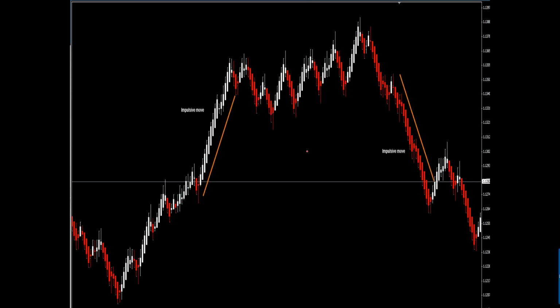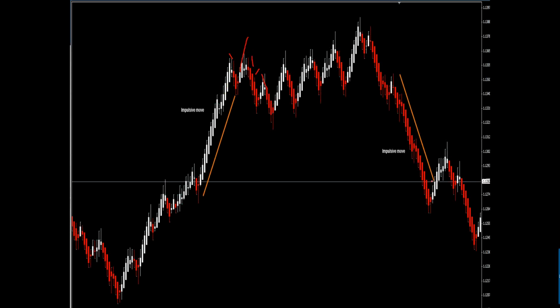Contrary to standard Japanese candlesticks, especially for traders who are pretty new to trading, this is much easier to spot by using Heikin-Ashi combinations, and you can see here that this impulsive move is so strong, and only after it there is some sort of correction.